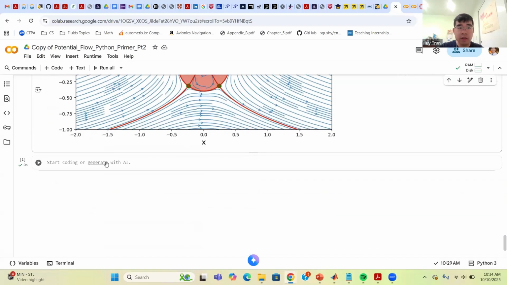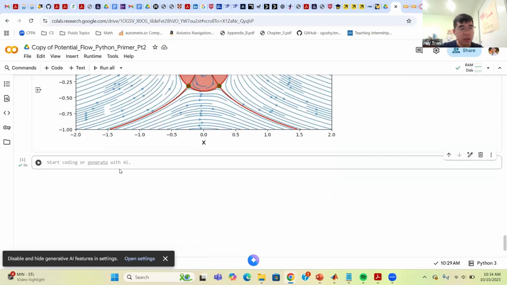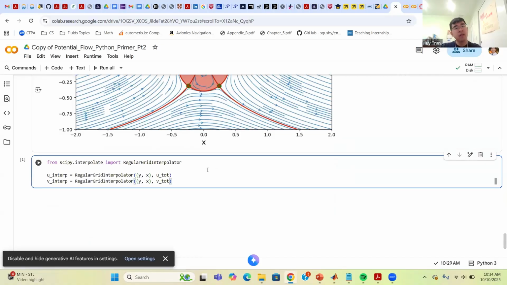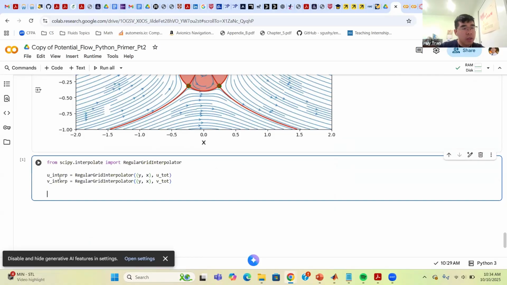So first up, this is my fifth and last code block. Once again, using RegularGridInterpolator, which is a function, for the function I'm interested in making, called uinterp, the parameters are going to be y and x, because y and x of this 2D array of all the u values in the flow field.